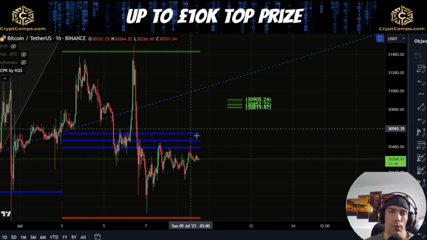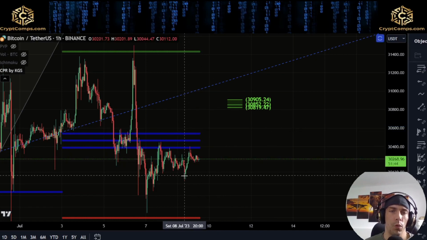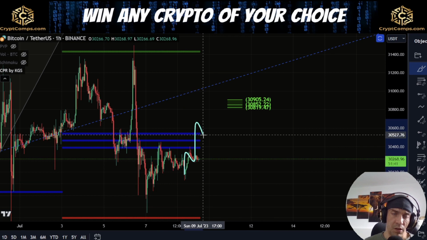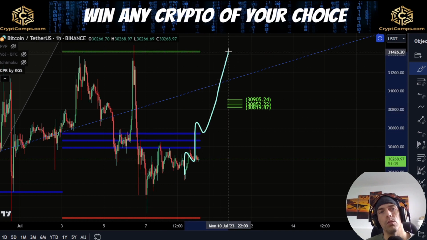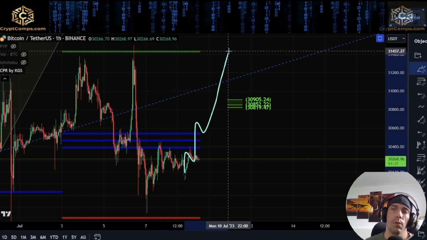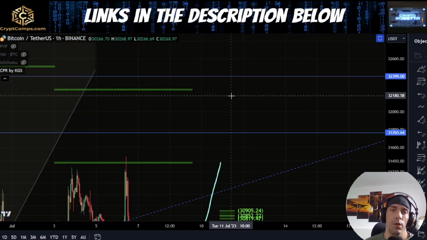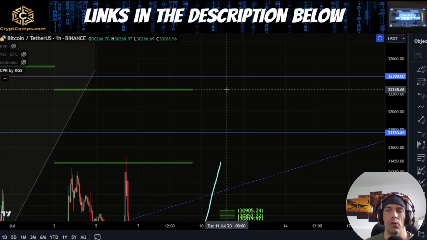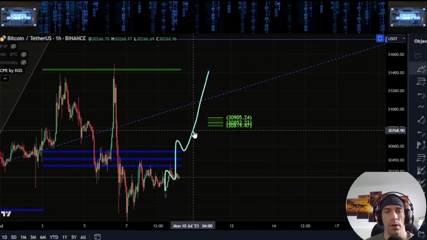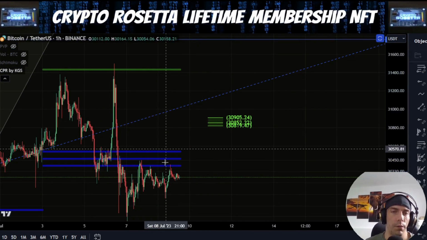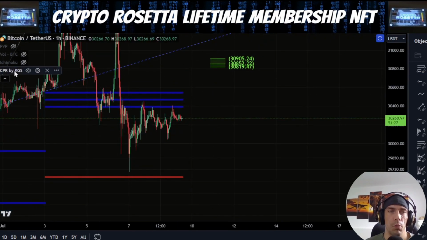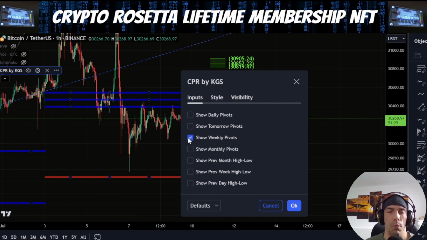Now, if we do manage to flip this zone back into support and get back above this, potentially we could see price be gravitated towards this S1 line at this 31,437, and we do have the S2 up here at this 32,284. But like I said, we don't have a lot of time left for these CPR lines, so we will get new ones printed as of tomorrow.